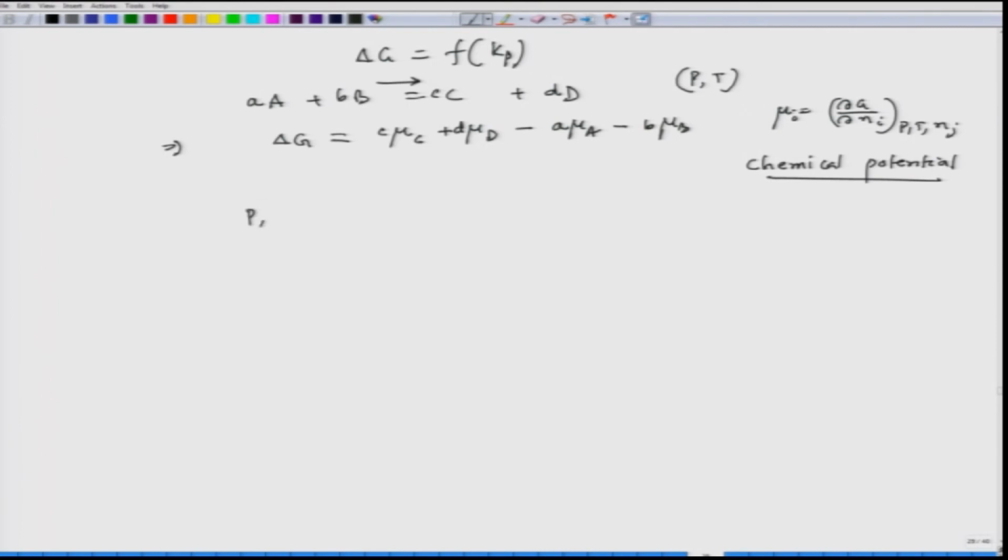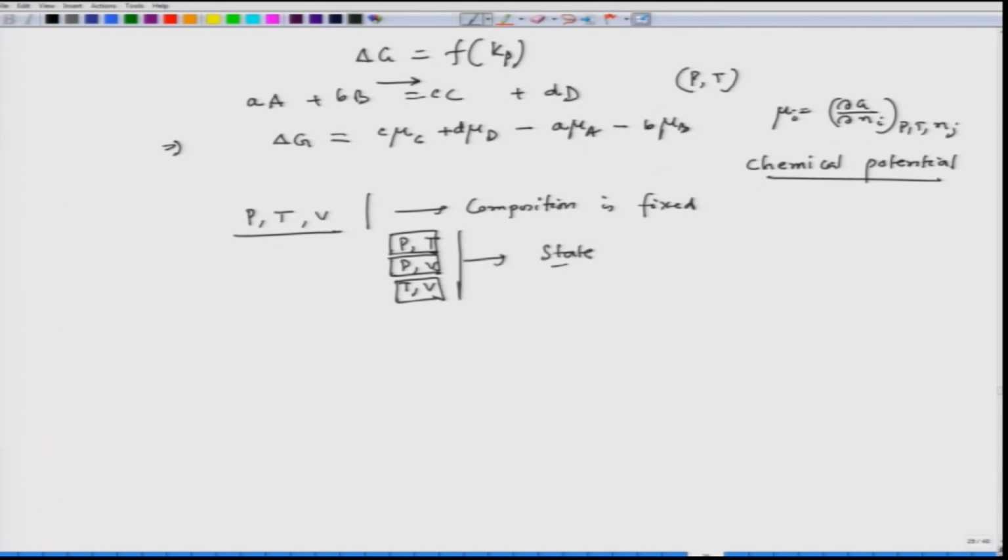So, if we have pressure, temperature and volume, and the composition is fixed, and it is a closed system, then we can have either P and T, or P and V, or T and V to define the system. Defining the system means defining the state, and state is nothing but the equilibrium position of that particular thermodynamic system.